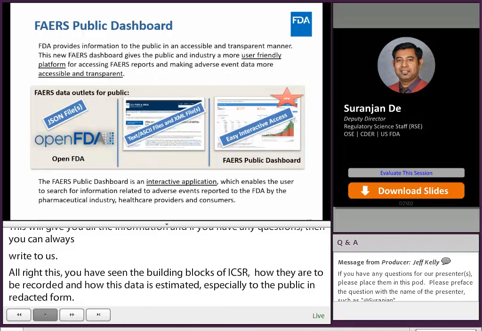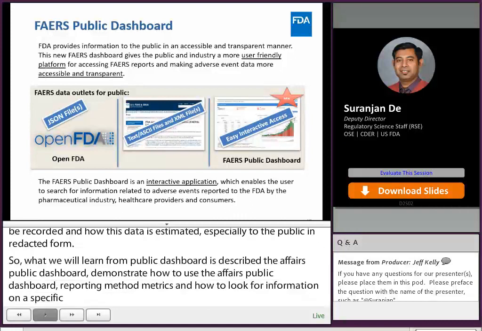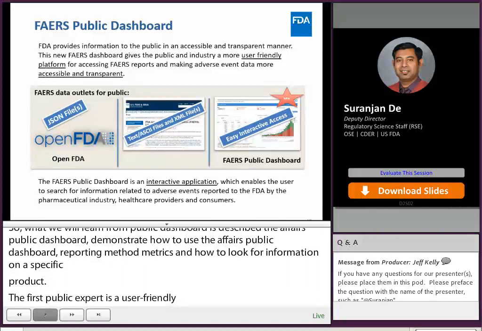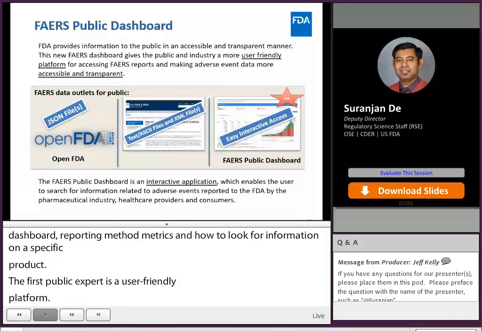The FAERS public dashboard is a very user-friendly platform. Both public and industry can use it, and especially for industry, you can also look for the direct reports that came to FDA that did not come to the manufacturers directly. There are different outlets for this public FAERS data.